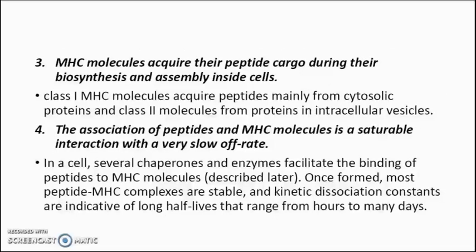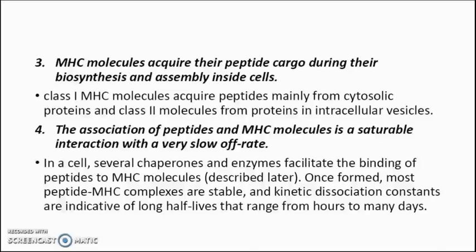Number 3, MHC molecules acquire their peptide cargo during their biosynthesis and assembly inside the cell. Class 1 MHC molecules acquire peptides mainly from cytosolic proteins, and class 2 MHC molecules from proteins in intracellular vesicles. Number 4, the association of peptide and MHC molecule is a saturable interaction with a very slow off rate.